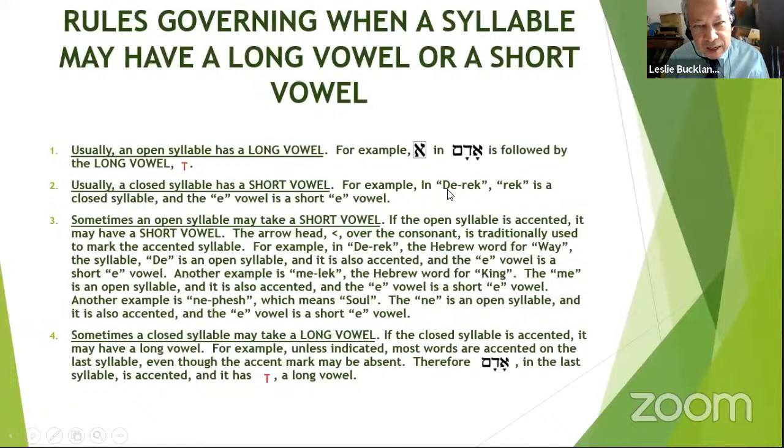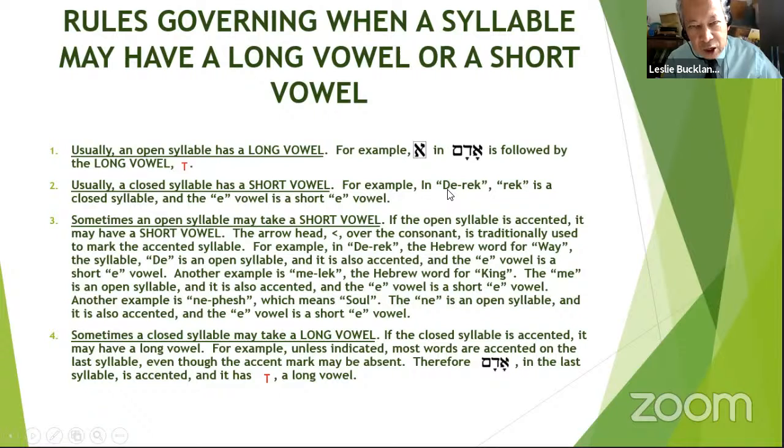For example, in Daleth, this is Daleth, Segol, Resh, Segol, and Kaf, the final Kaf. Now you have this word divided into two syllables.